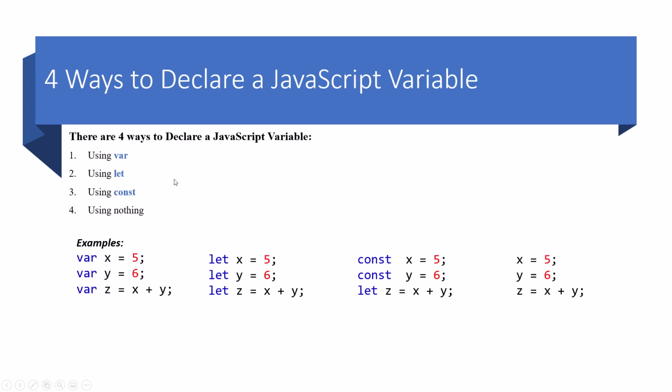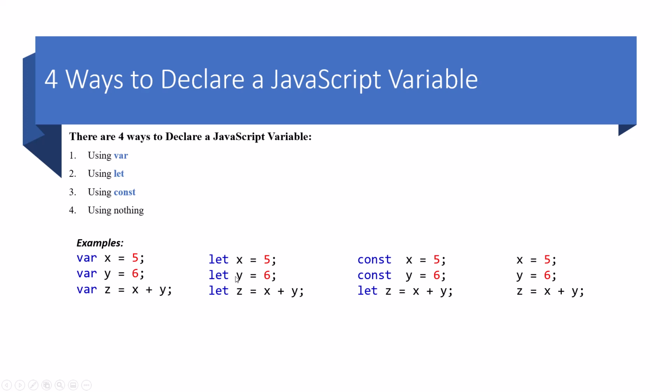There are different ways to declare a JavaScript variable. There are four different ways I have given here: using the var keyword, using the let keyword, using the const keyword, and using nothing, meaning no keyword is used. This is using the var keyword, where var is the declaration keyword, x is the variable name, and equal to 5 is the initialization.